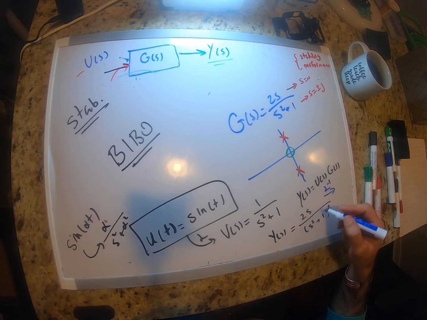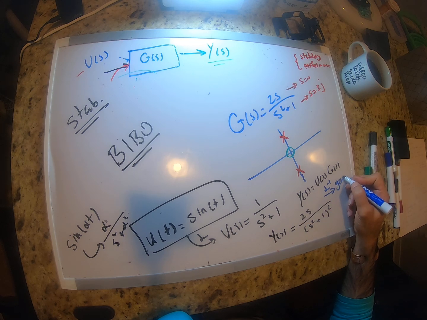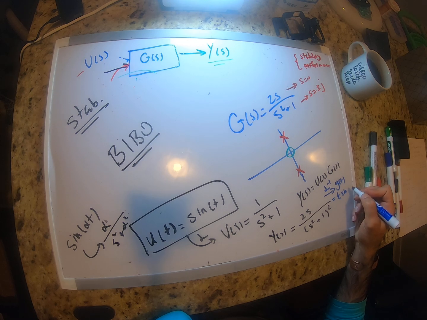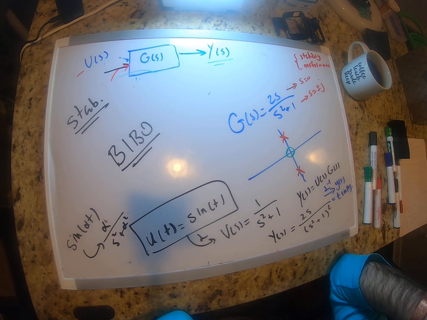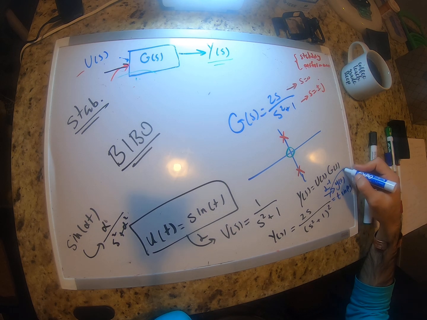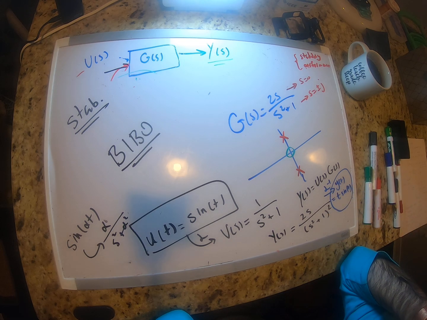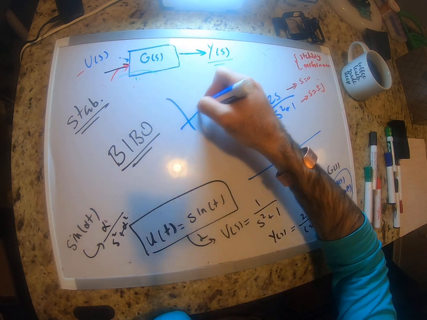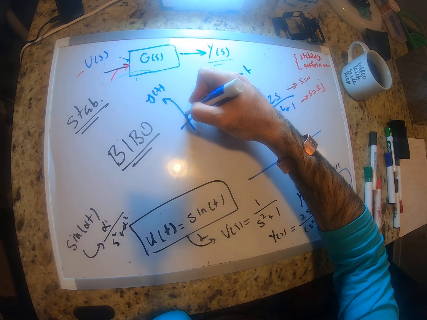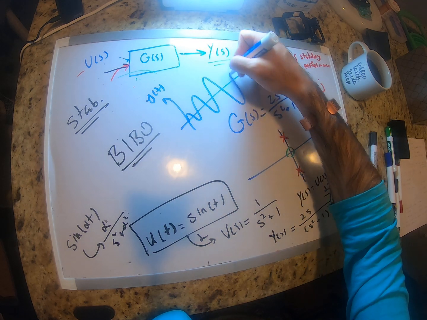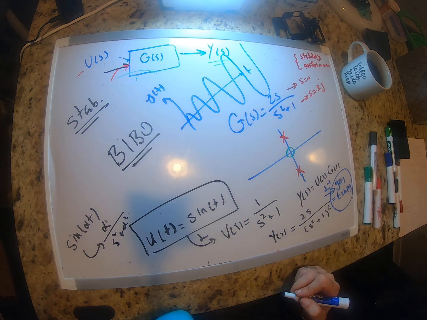Y of t is going to be equal to t times sine of t. Now, is this bounded or not bounded? It's actually not bounded. If I draw y of t, it looks something like this. It goes to infinity as t goes to infinity, right?